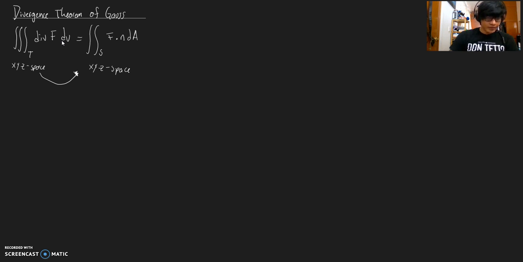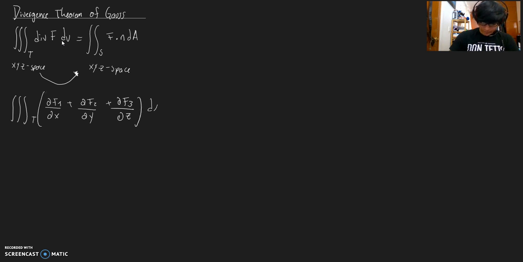So another form of writing this triple integral would be the partial derivative of f1 over x, of f2 over y, and of f3 over z, times dx, dy, and dz.